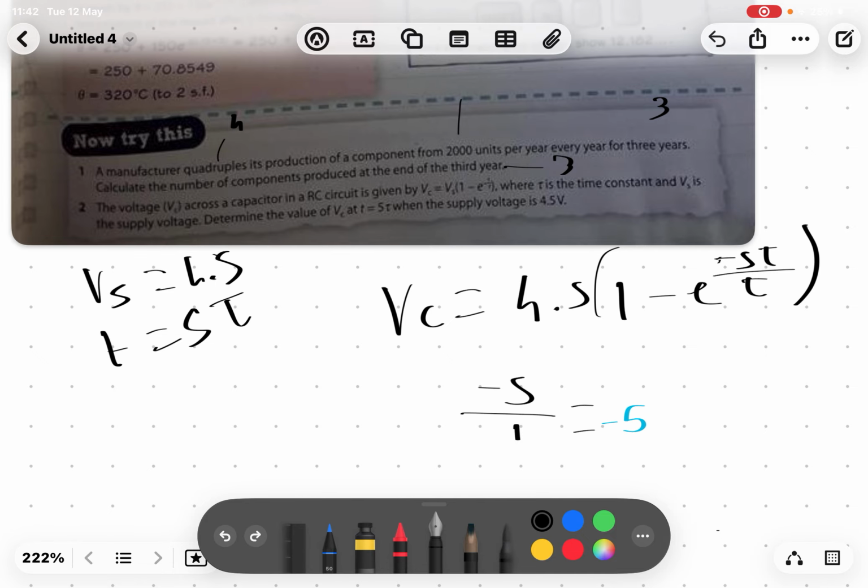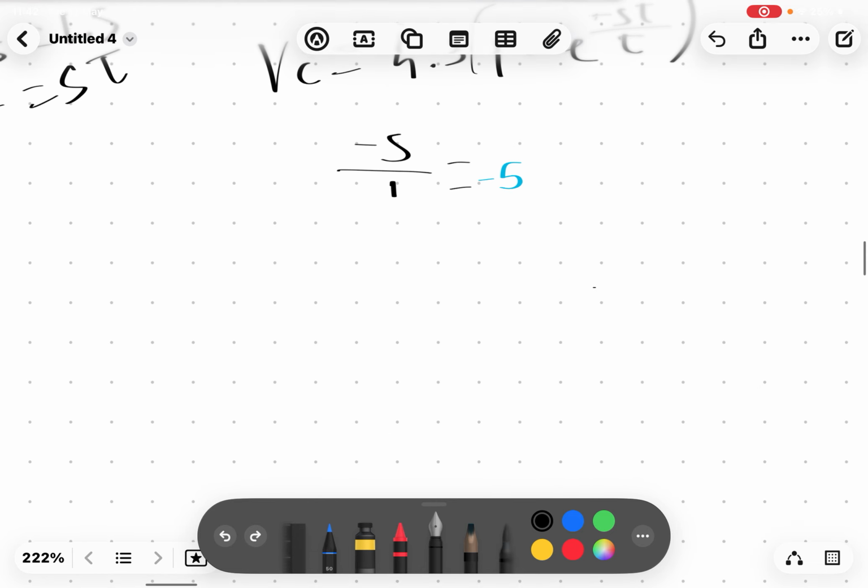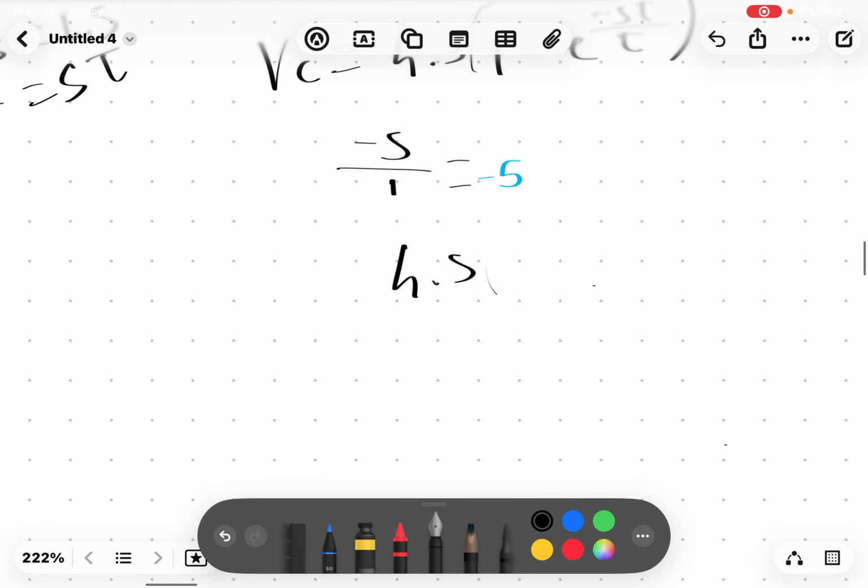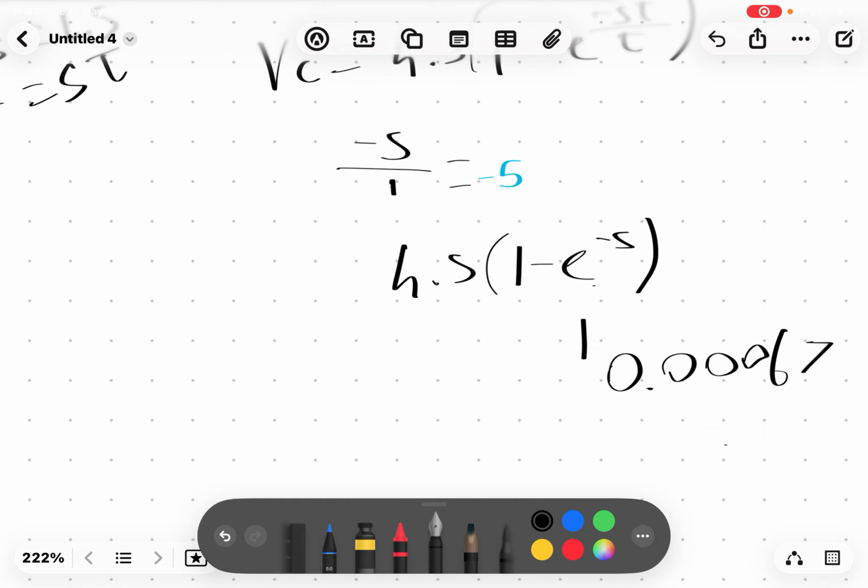Minus 5. So after that, we have 4.5 times 1 take away e to the minus 5. And this part, e to the minus 5, is equal to 0.0067.